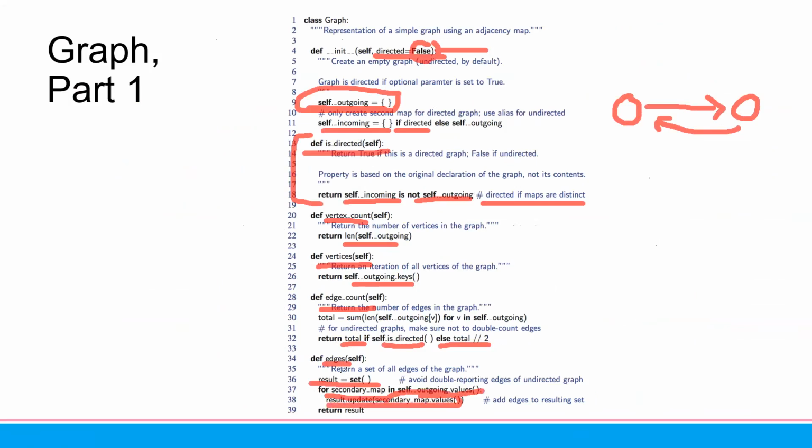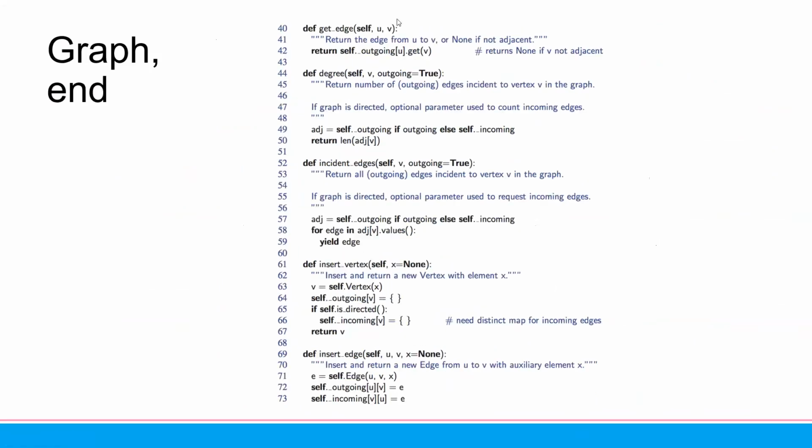So I want to know how many edges, and I will iterate over every edge on the secondary map. Get edge, so I can get the outgoing, U get V. So this is the get edge from U, where U is the origin and V is the destination.